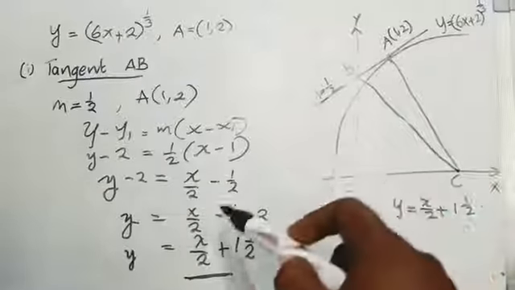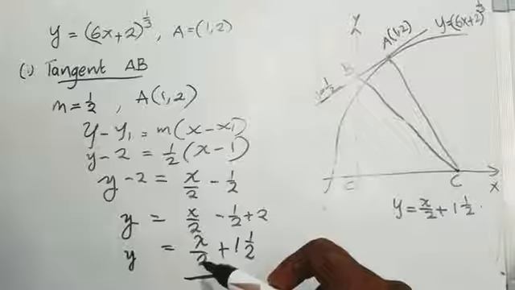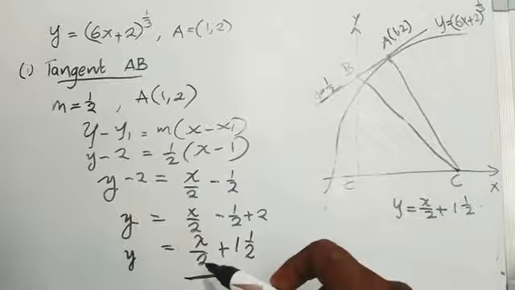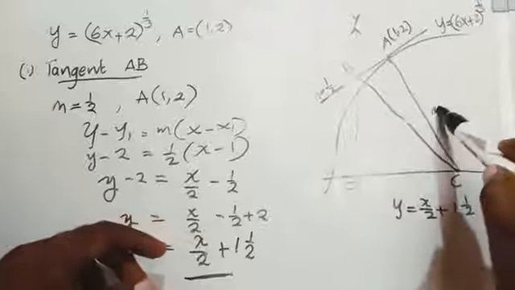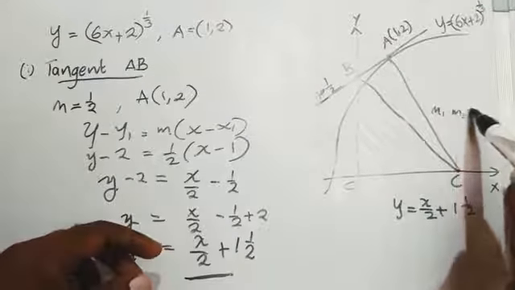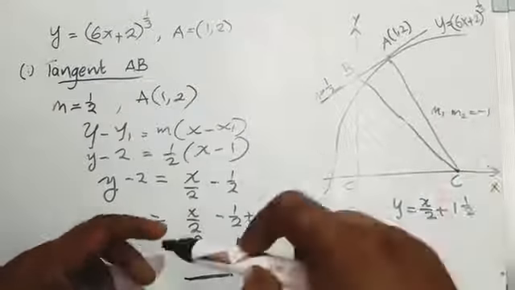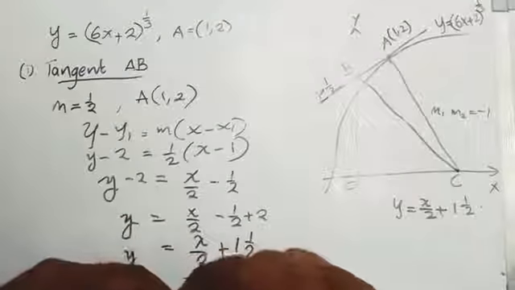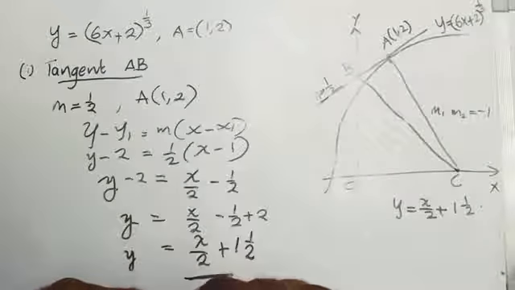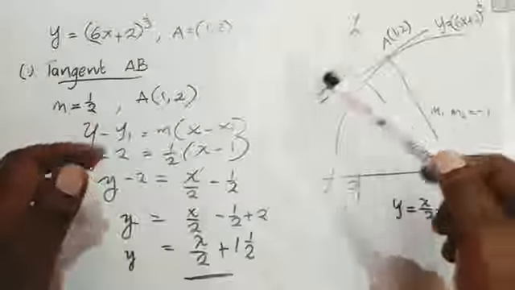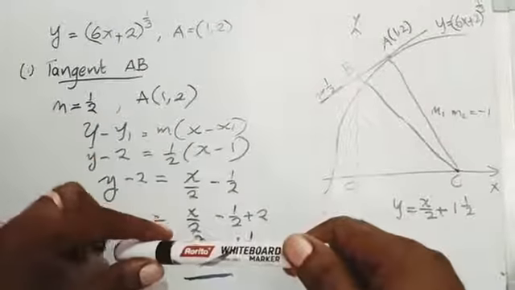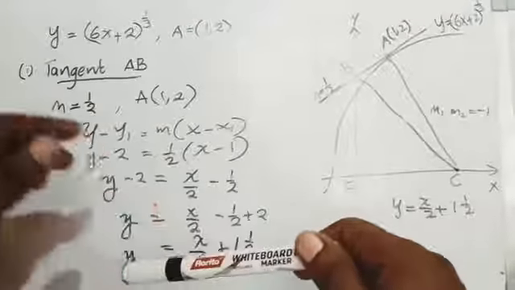As we know, the tangent is perpendicular to the normal, so m1 into m2 is equal to minus 1. By using that concept, we can get the gradient of the normal AC, and the point is (1, 2). With the help of those two concepts, we can find the equation of the normal.